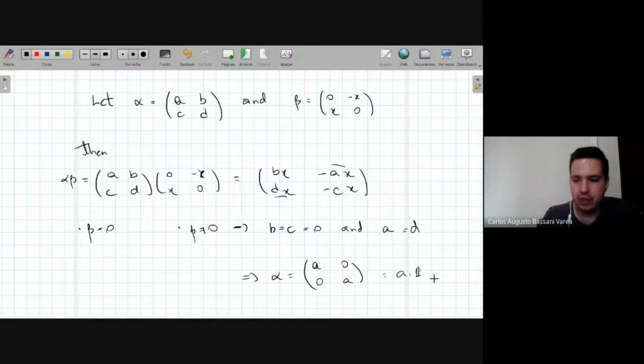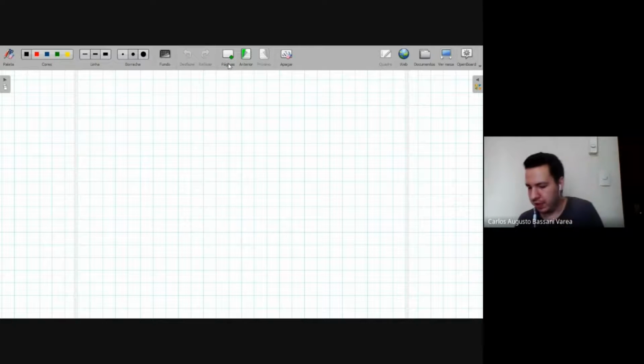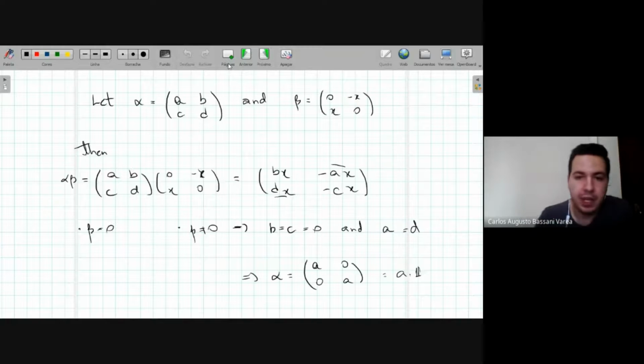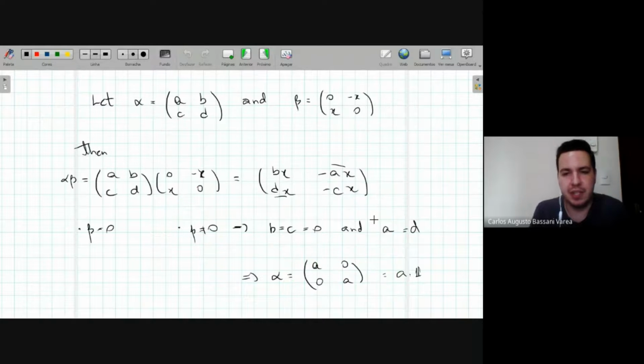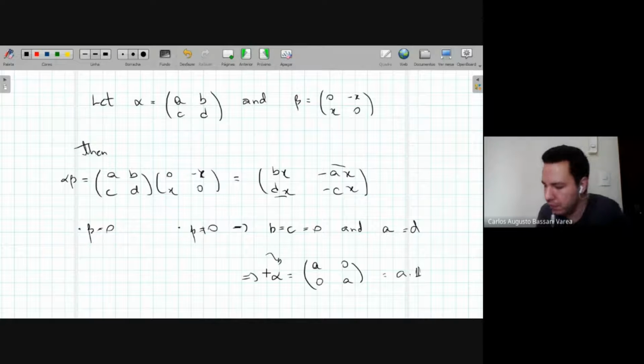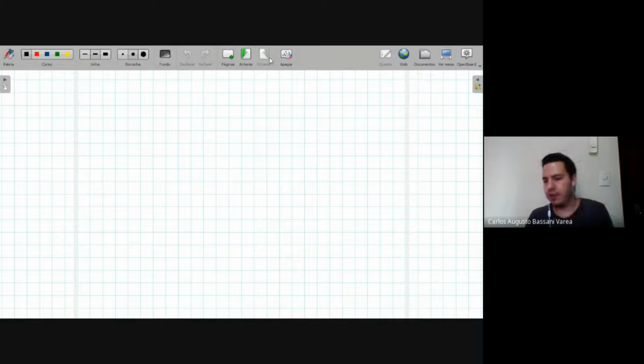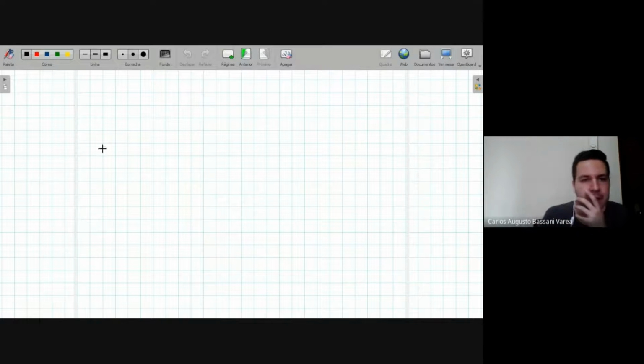Basically what we have so far is, if we use this expression that gamma alpha is also skew symmetric, we conclude the same, that alpha has this form when gamma is non-zero.